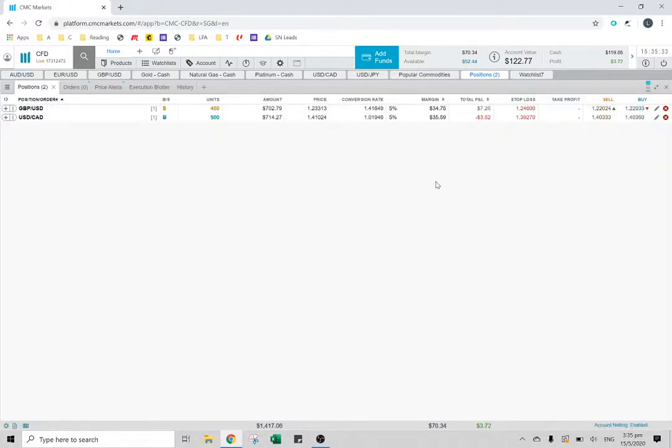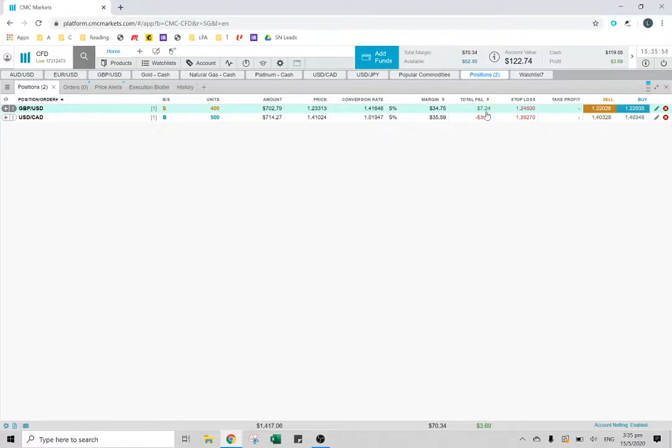I have shorted pound dollar 400 units, the smallest amount that I can short, at 1.23313, and I am currently making a small profit of about $7 plus. So that's good.